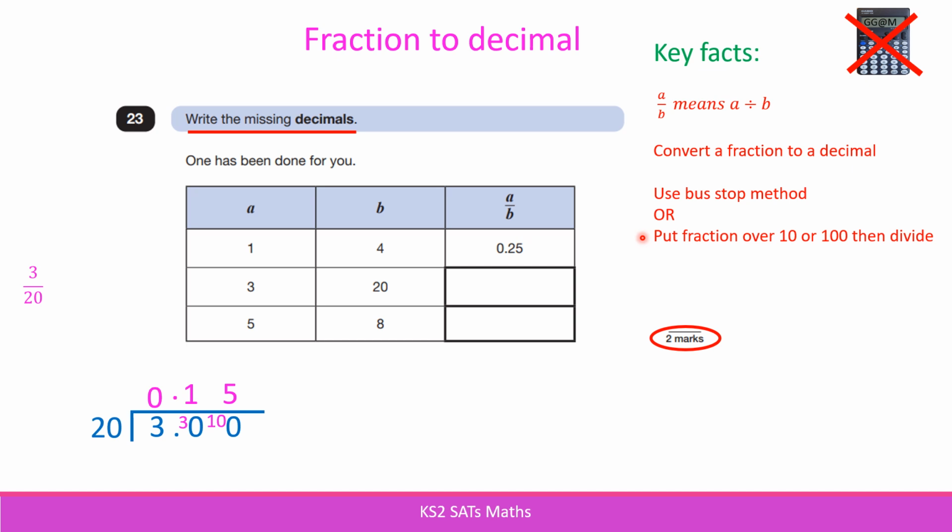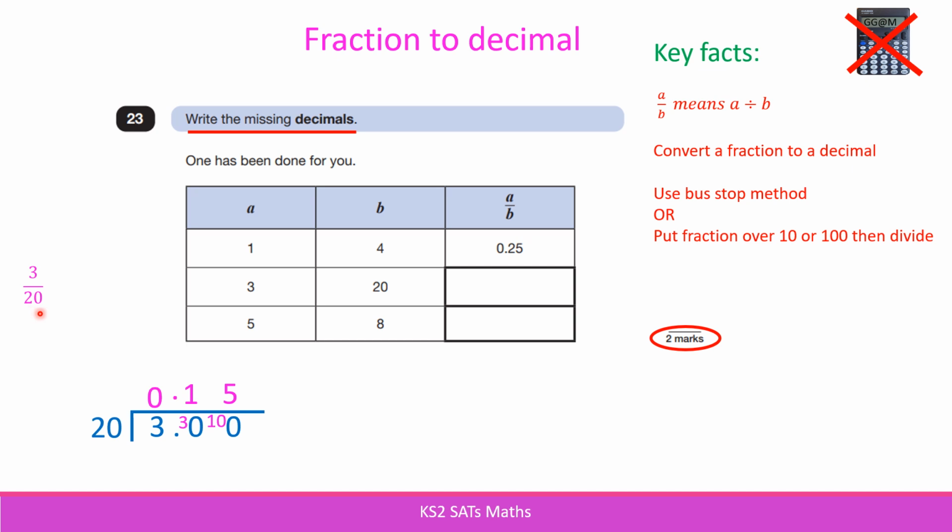Now, as I said, you could do it by using this other method here by putting your fraction over 10 or 100. So this question here, I've got 3 over 20. Now, if I halve both these numbers here, it puts the denominator over 10. Or I could have multiplied both numbers by 5 to put it over 100. Either way will give you the same result. I'm just going to halve both the numbers because it's easier to halve.